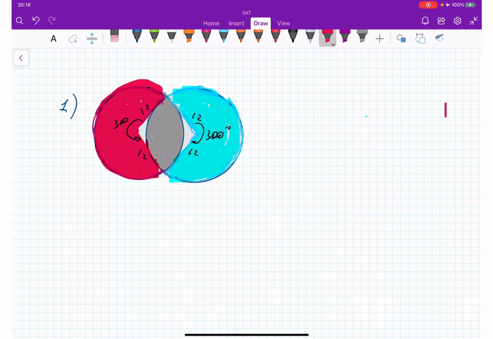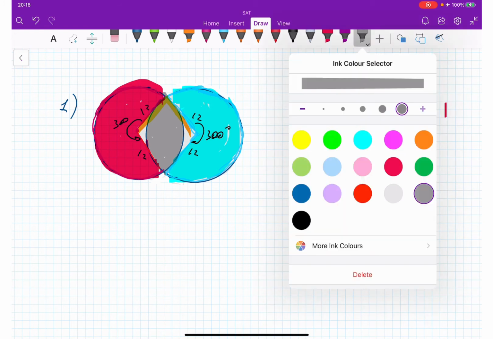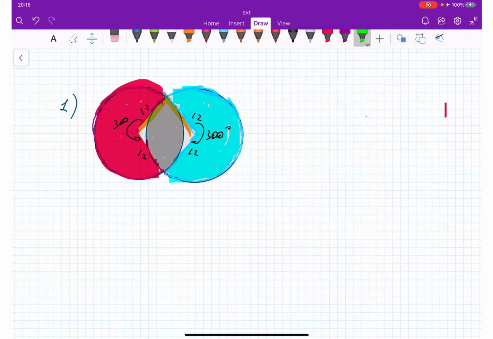So let me take this color. This is not the best color, so let me use this green one so we can see well.